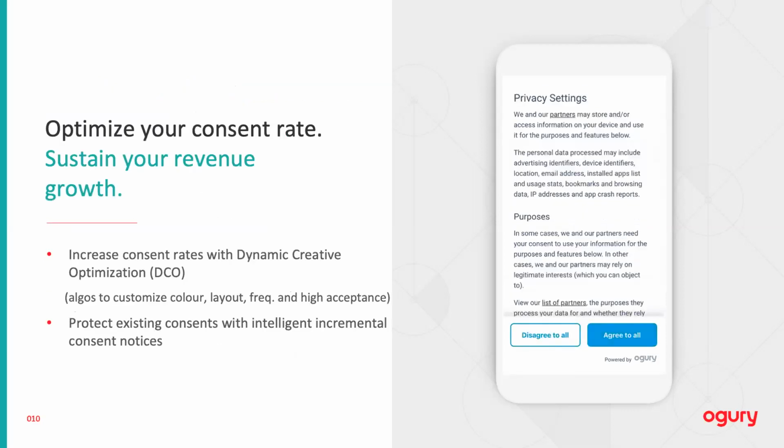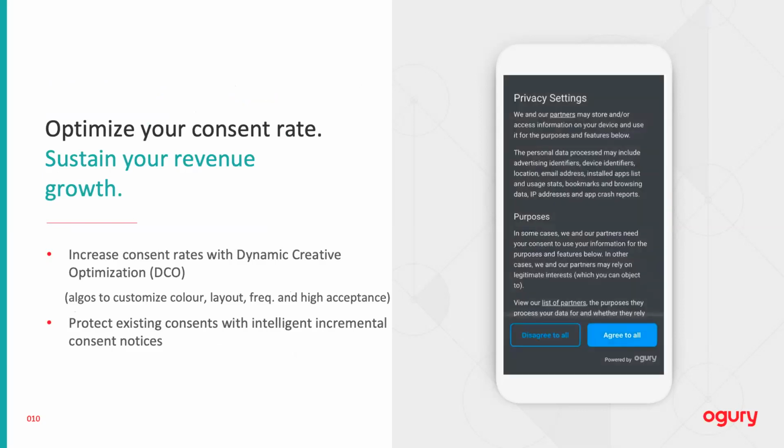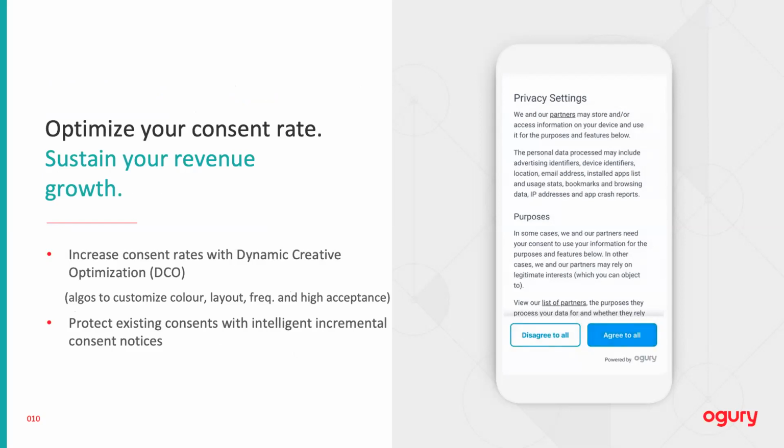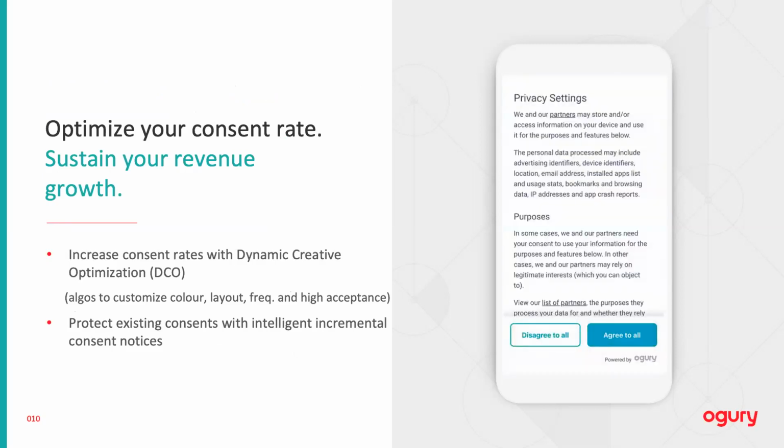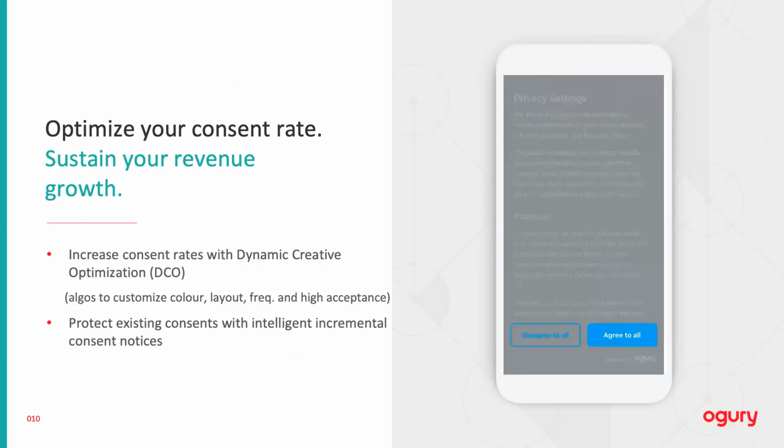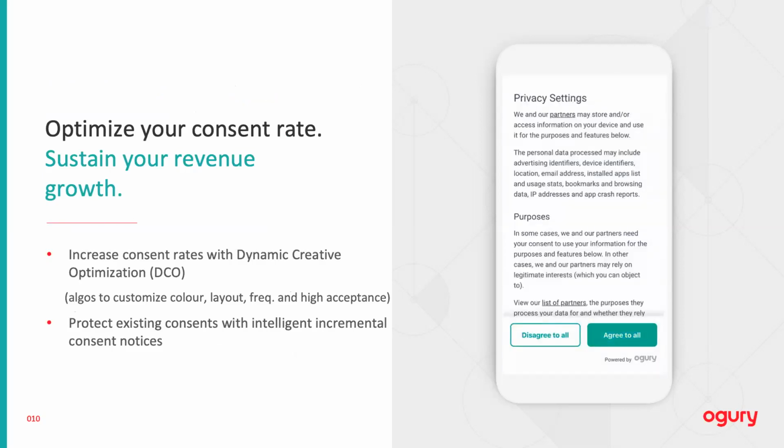Another feature that we provide is the ability for you to optimize your consent rate. As you know, optimizing the consent rate will help you sustain your revenue growth. We've built a lot of experience and technology into this, in terms of algorithms to customize color, layout and frequency to help you drive high acceptance rates.